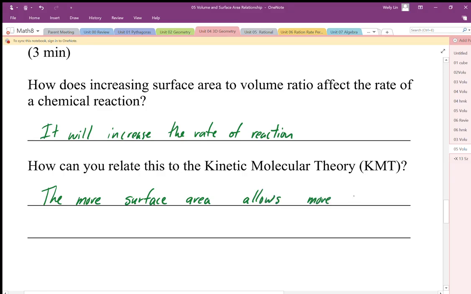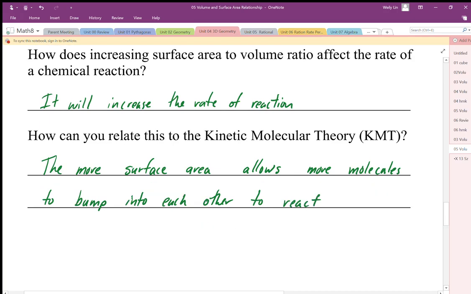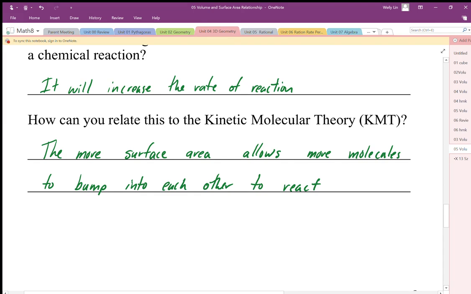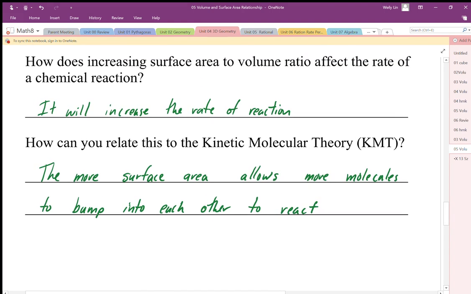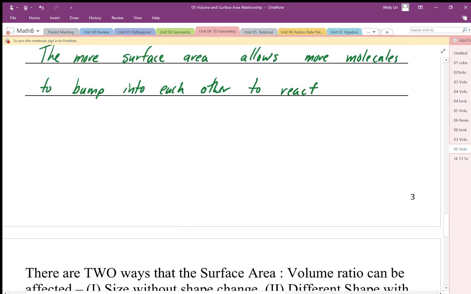More molecules to bump into each other, to react. So the greater the surface area, the more interactions they have, and that will increase the rate of chemical reactions.